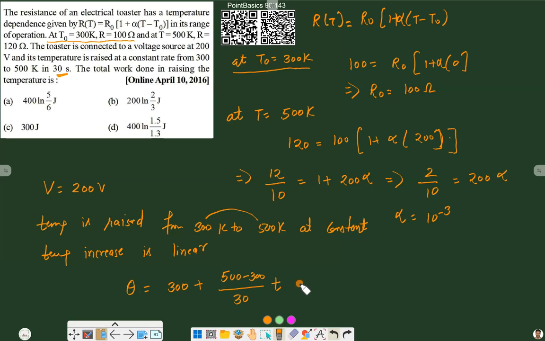Actually we will write it like T, because here capital T represents temperature and smaller t represents time. So we can write T is equal to 300 plus 200 by 30, that will be 20 by 3, into time, and this time will vary from 0 to 30 seconds.